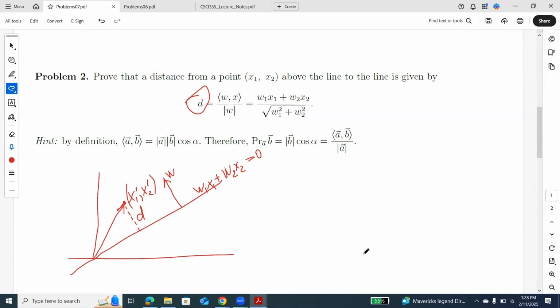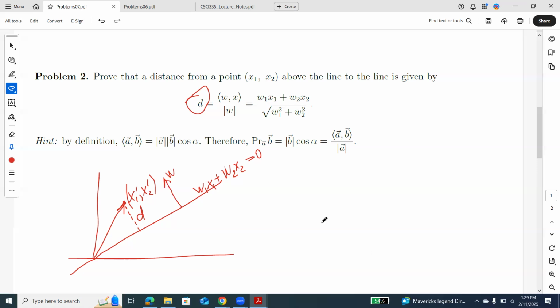We should take the projection of vector x on this vector W. Does that make sense? And the projection has this formula. The projection is the length of our vector times cosine. And length of our vector times cosine is just the dot product divided by the length of the first vector. So if you want to get the length of the vector times cosine, you can take the dot product over the length of the first vector.